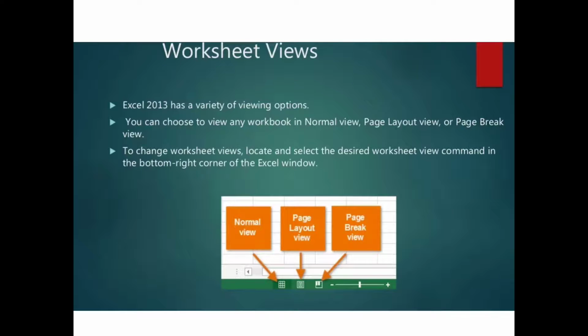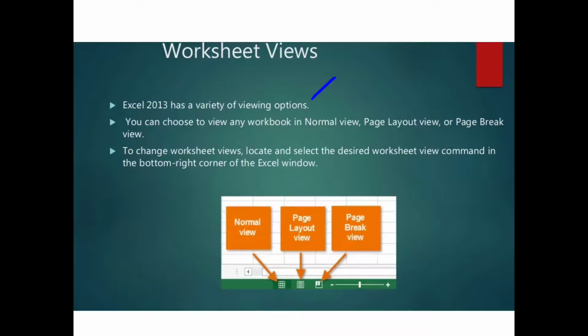Next, moving to the next, worksheet views. So here Excel 2013 has a variety of viewing options. You can choose to view any workbook in normal view, page layout view, or page break view.